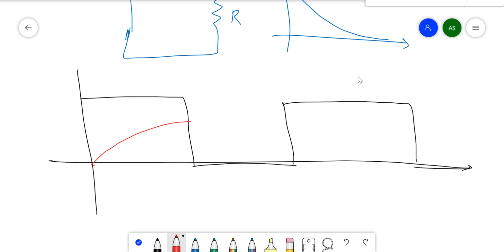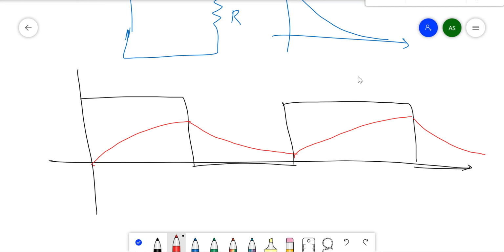Okay, so after reaching this value the current will start decaying. Okay, and then again it will increase exponentially, and then again it will decrease. Okay, so this is how the plot of I naught t will be. Okay, so this is the general shape.